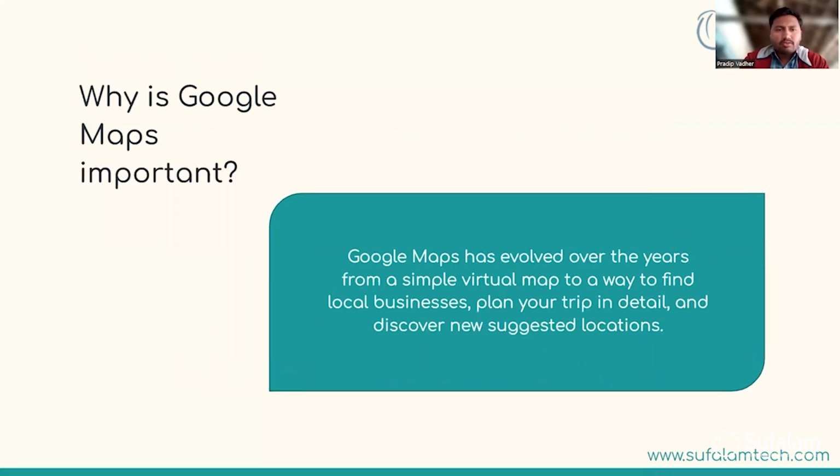So why use or why implement Google Maps in any web application? Basically, Google Maps has evolved over the years from a simple virtual map to a way to find local businesses, plan your trip in detail, and discover new suggested locations.